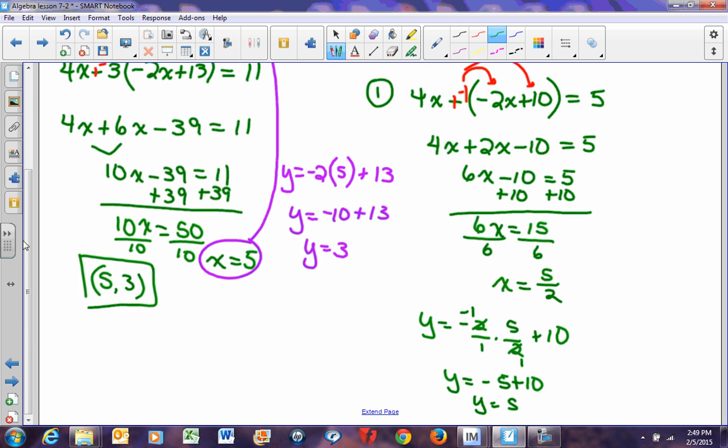So my solution to this system of equations is 5/2, or 2.5, and 5. If it's a fraction that is improper, you can leave it as improper. You can change it to a mixed number, or if it's a terminating decimal, you can change it to a terminating decimal. If it's not a terminating decimal, leave it in fractional form. We've had that discussion before.